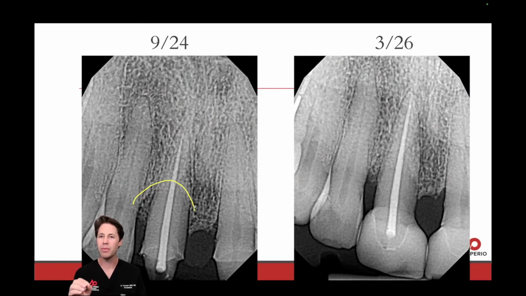But remember, when I look at prognosis of teeth, can I control for disease progression? That's my number one factor when I'm considering treatment and saving these teeth in the anterior aesthetic zone. The other factor that I'm looking at is mobility. Can I control for traumatic occlusions?